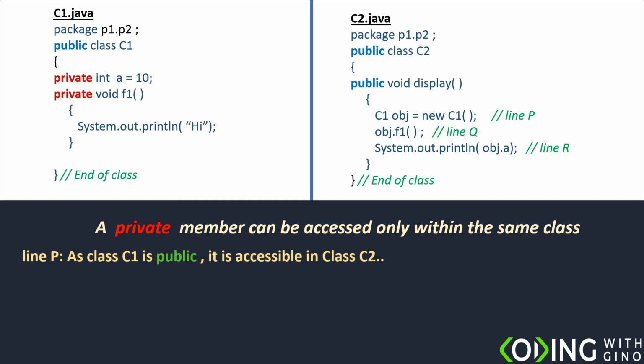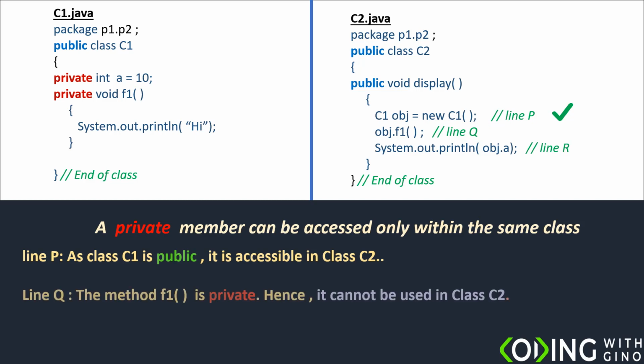Well, class C1 is public, so it is accessible everywhere, including class C2. So, line P works. On line Q, F1 is invoked. Look at F1. It is marked private in C1, right? As it is private, it can only be used in C1. It cannot be used outside the class C1 in C2. So, line Q is invalid and compilation fails, okay?